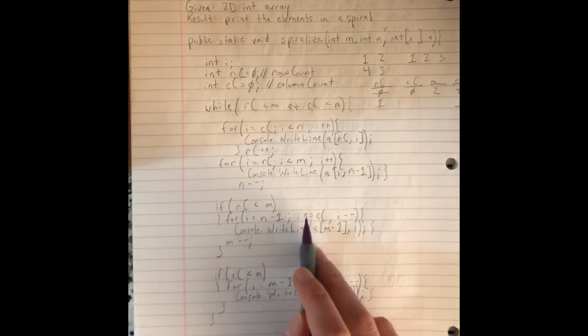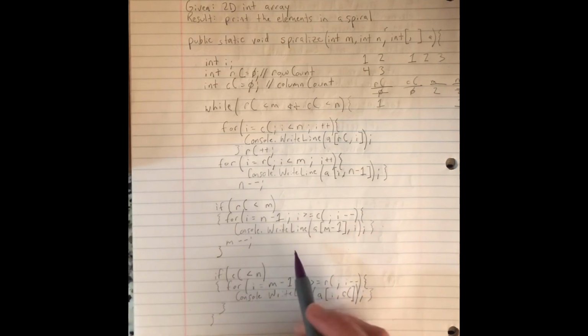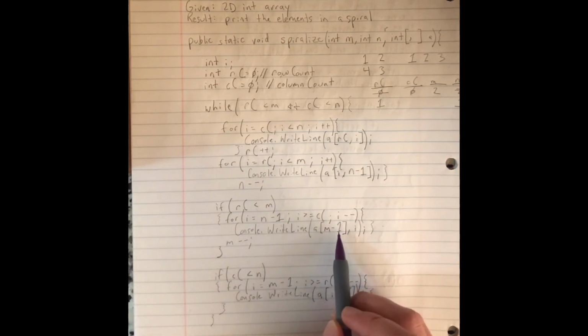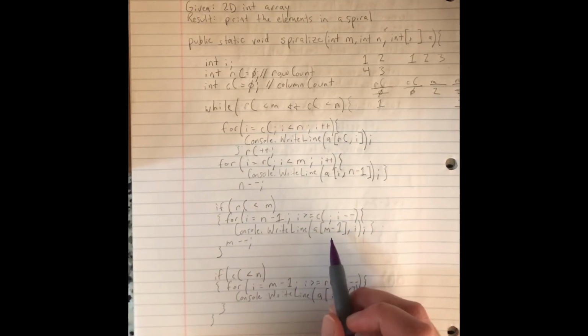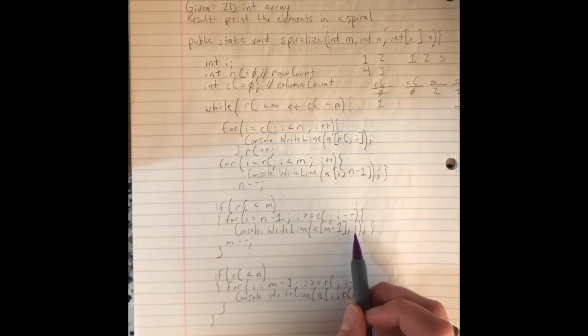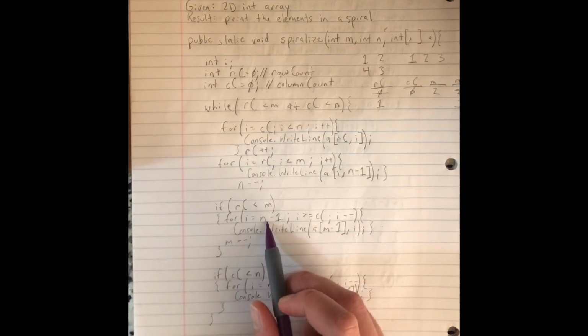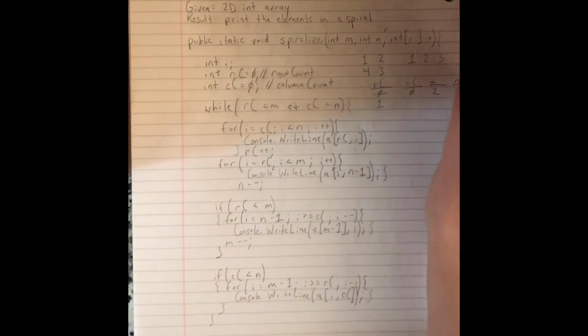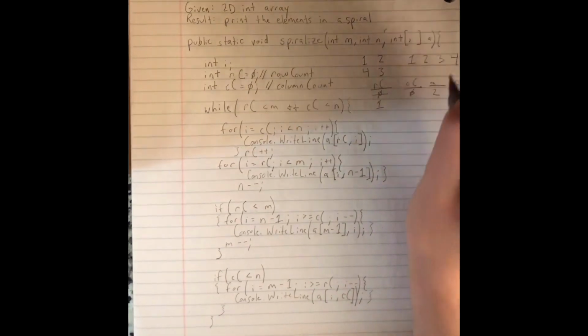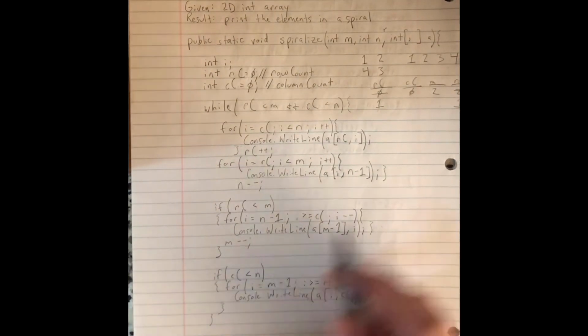We print out the m minus 1 row, which is 2 minus 1, which is 1. We print out row 1, column 0, which is 4. And we decrement m.